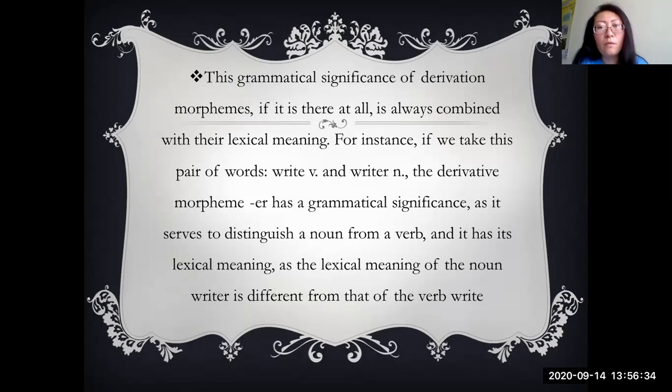This grammatical significance of derivation morphemes, if it's there at all, is always combined with their lexical meaning. For instance, if we take this pair of words, write (verb) and writer (noun), the derivative morpheme er has a grammatical significance as it serves to distinguish a noun from a verb, and it has its lexical meaning, as the lexical meaning of the noun writer is different from that of the verb write.